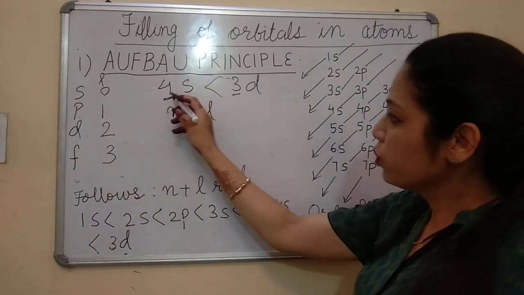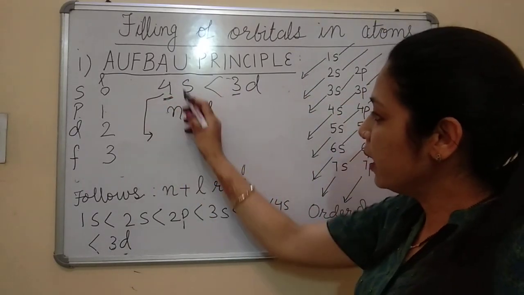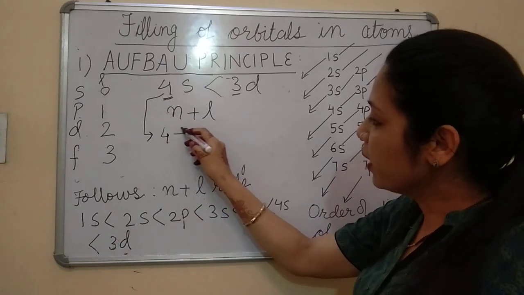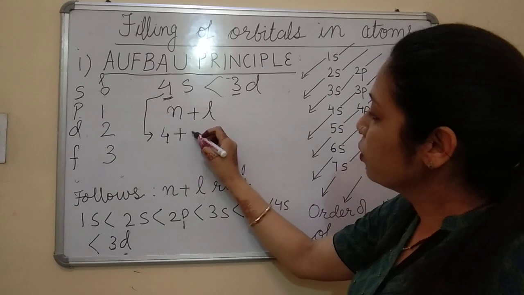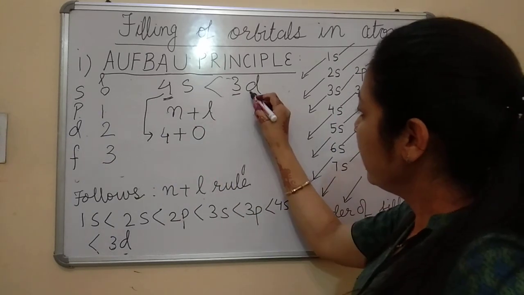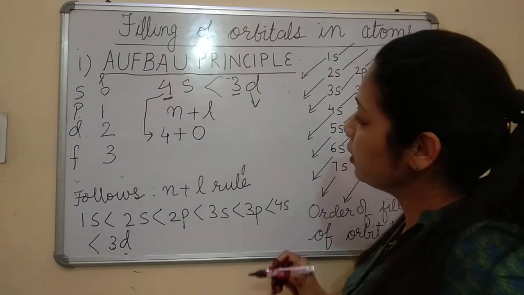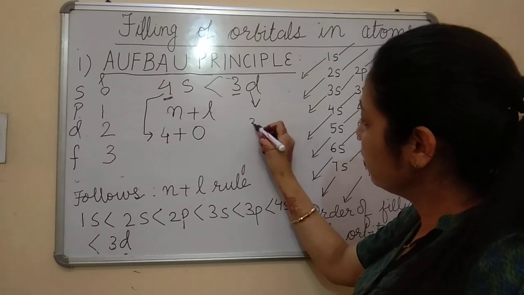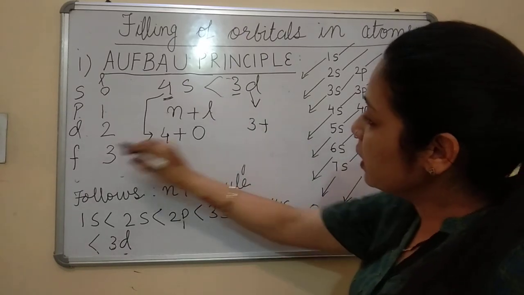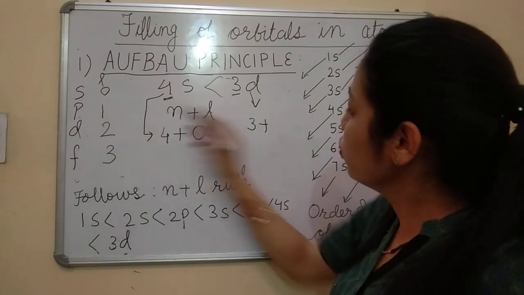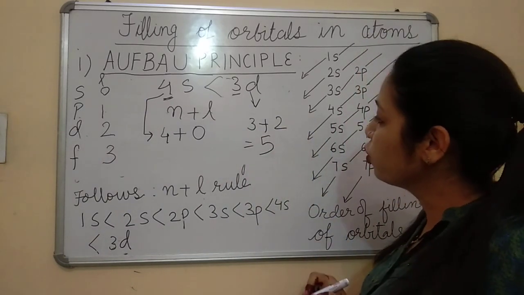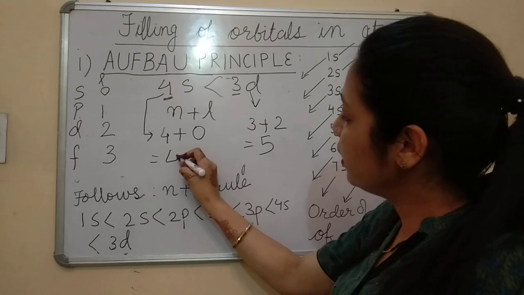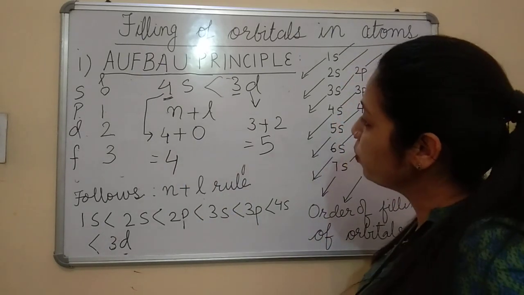Okay, so in case of 4s orbital, n is 4, while the value of L in case of s orbital is 0. So it is 4 plus 0. And in case of 3d orbital, n is 3 plus d, L is 2. So here the value of n plus L is coming out to be 5, and here the value of n plus L is coming out to be 4.